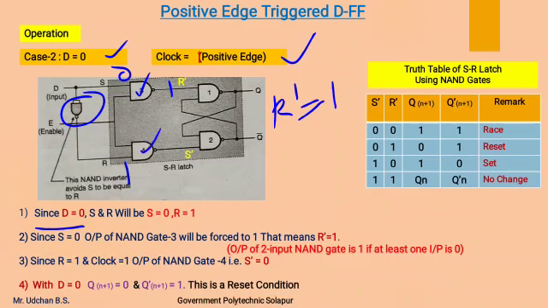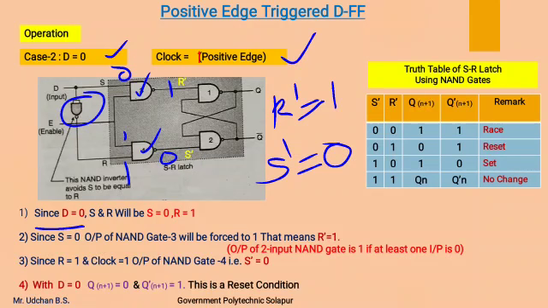Now the inputs to this NAND gate 4 are, the R input is 1 and clock input is 1. So 1 1 will give you the output of NAND gate 4 as 0, by which S dash will become 0. Now these R dash and S dash are the inputs of the basic SR latch.